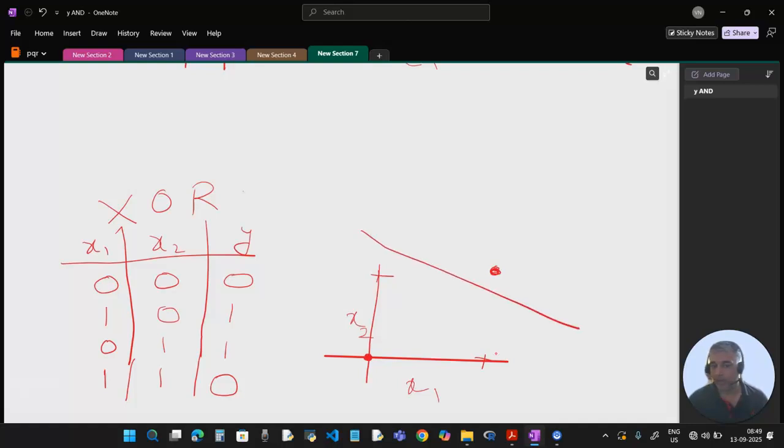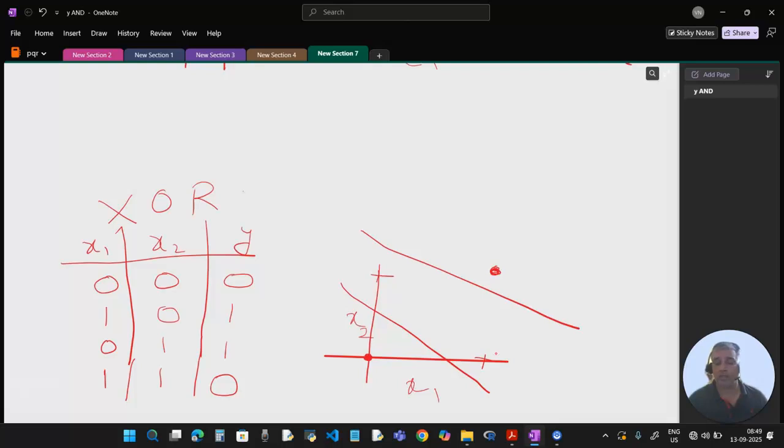If you draw a line here, only this point belongs to one class and these three belong to another class. If you draw a single line here, only this point belongs to this class and all the remaining 3 points belong to another class. So it's not possible to draw a single line to separate these two classes. It's not a linearly separable pattern.